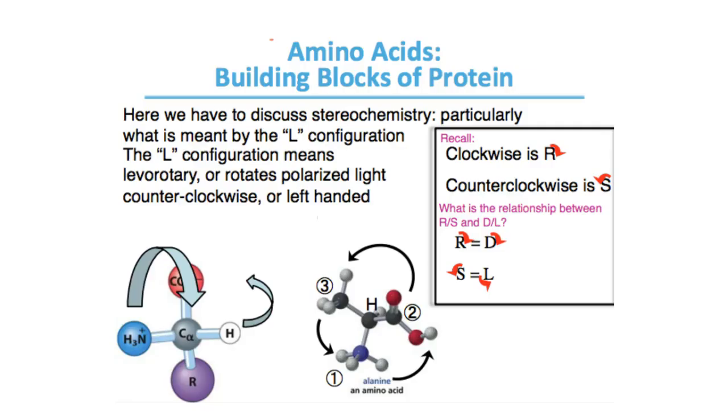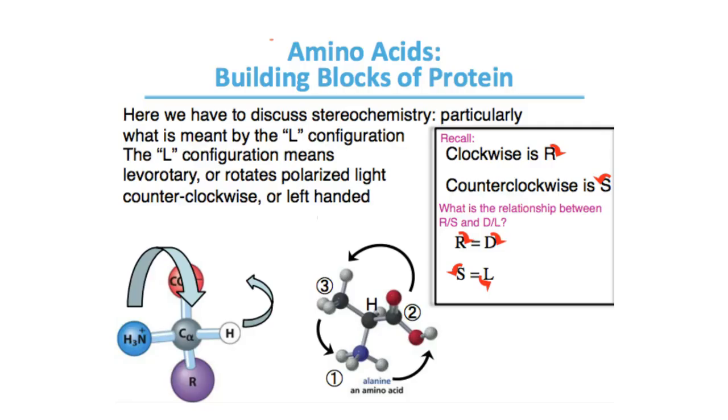And so remember, we have a chiral center, so you can have different configurations, R and S. And so R is clockwise as far as the relationship of what has the highest priority within the different groups that are attached to the central chiral center. And just remember, R is clockwise, S is counterclockwise.